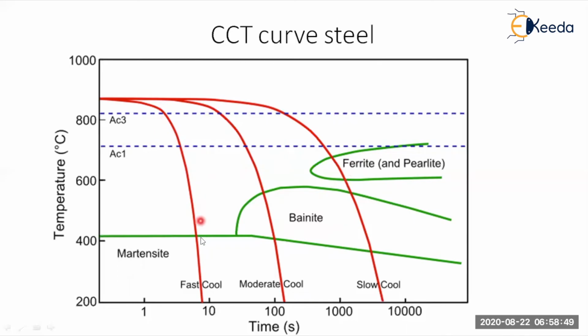The first red line represents the faster cooling. So that means the time is very, very less. If you cool at a faster rate, what changes exist? See, if you cool the material in a faster manner, you can have the martensite structure, a disturbed structure.